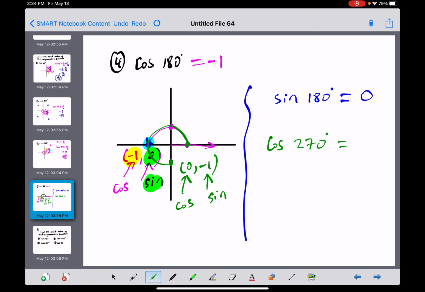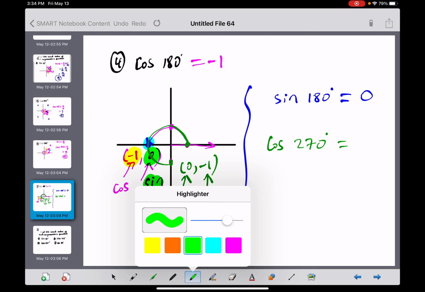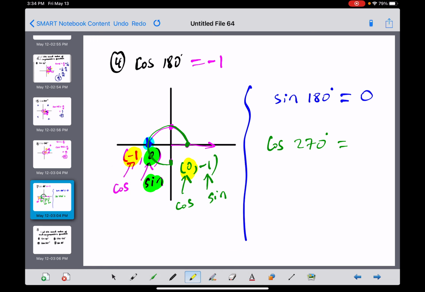So cosine of 270 degrees, the answer has to be 0. You see that? If I ask what's sine of 270 degrees, the answer is -1. You guys see it? I hope you see it. If you don't see it, ask in class, okay?